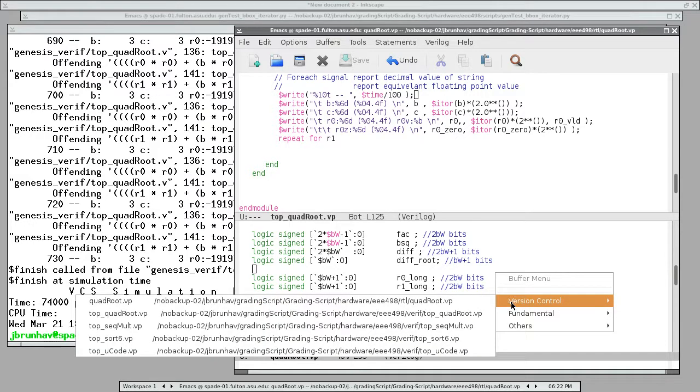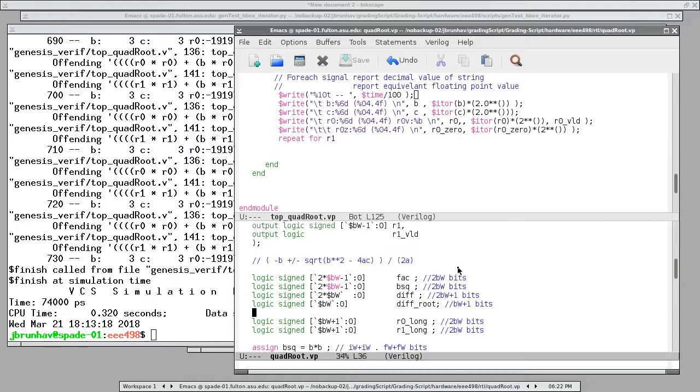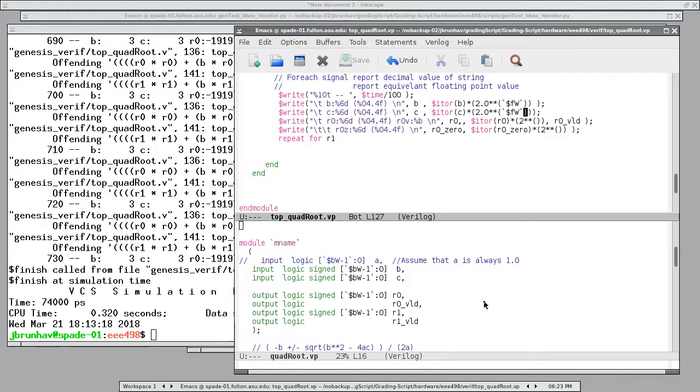So we want to look at, we should just look at this module. So its fraction width is what we're going to do. So this would be $FW. This is $FW as well. And then it looks like R0 and R1 are also that.